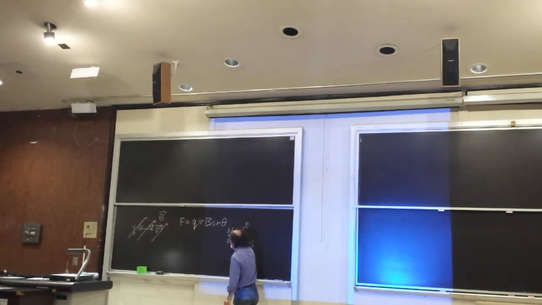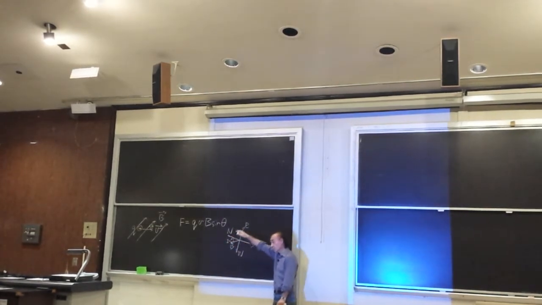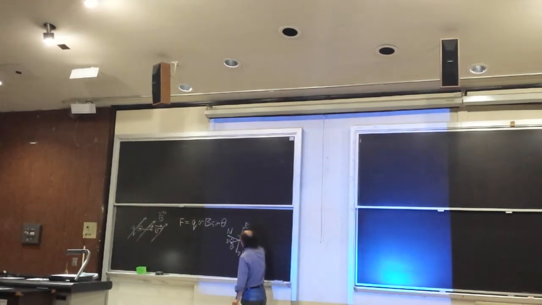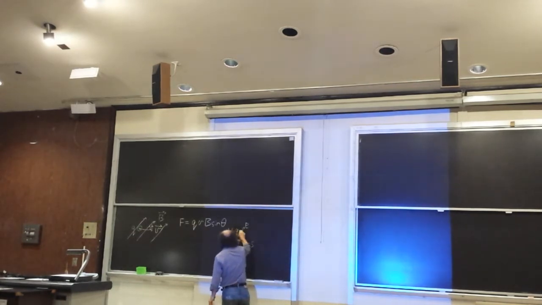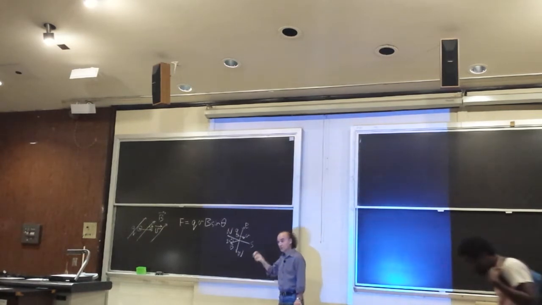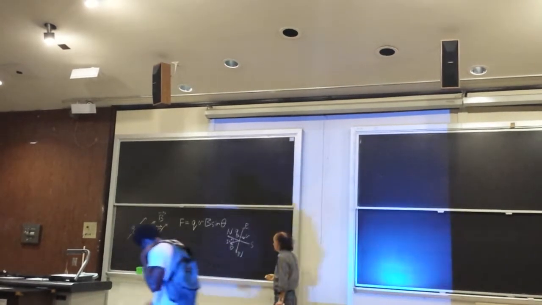This is the B vector, to the north, but not horizontal, but below. And you have a charge moving to the south direction. This is a positive charge, moving to the south. Find the magnetic force acting on this charge.